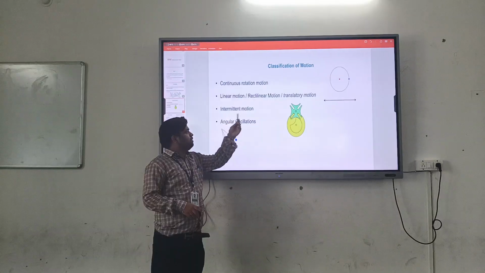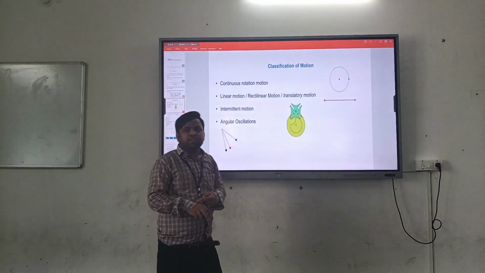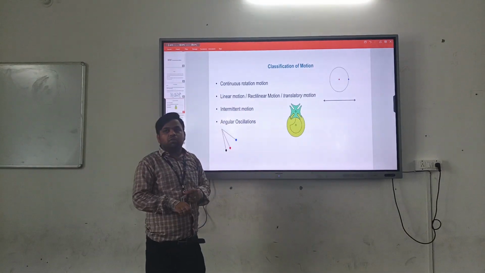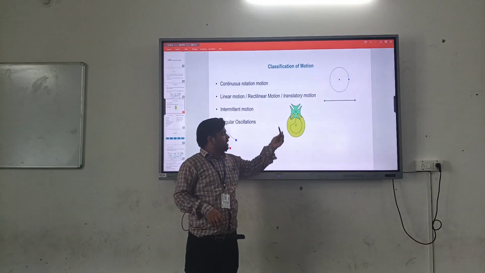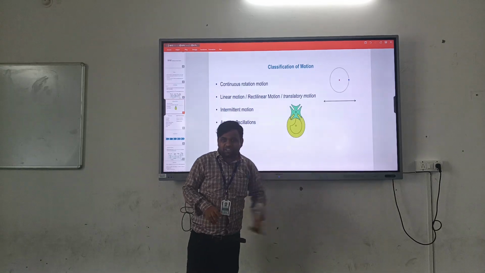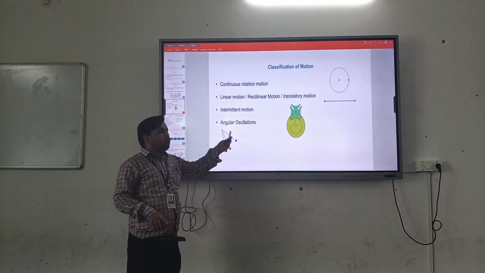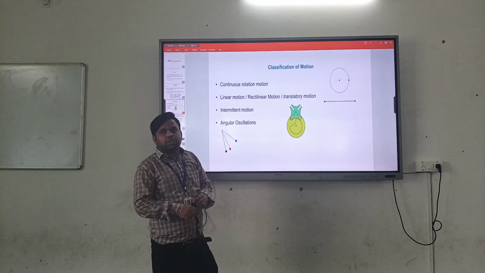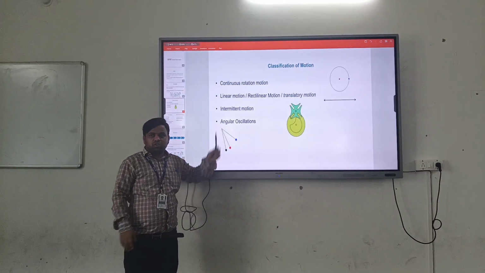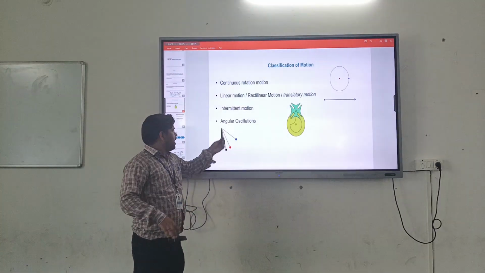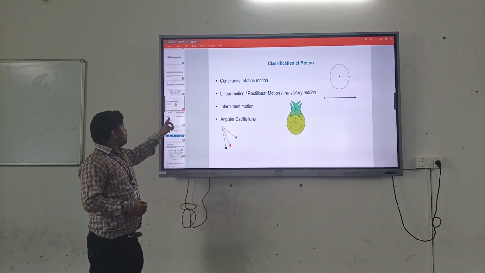Another one is intermittent motion, which moves in steps without losing its motion, and it is used in the Geneva mechanism. Another one is angular oscillation, which is oscillating motion through an angle.